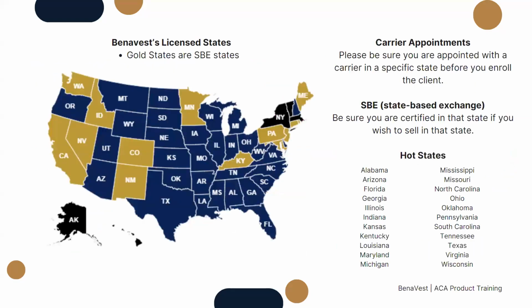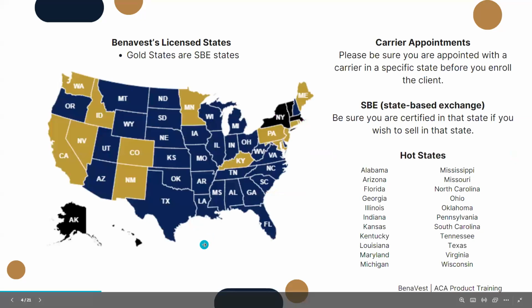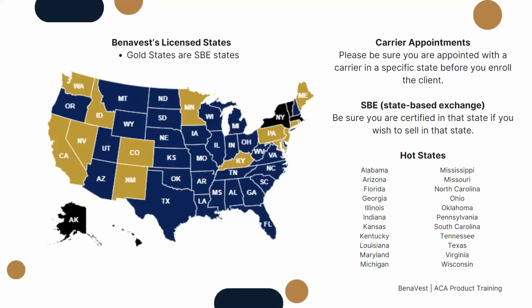Benevest is licensed in all of these states that are blue or gold. So these are all of the states. If you find a carrier in that state, let's say United Healthcare, Benevest is with United Healthcare in every single state that they're available in. Same goes with Ambetter and all of those carriers. Any state that is in gold is a state-based exchange.